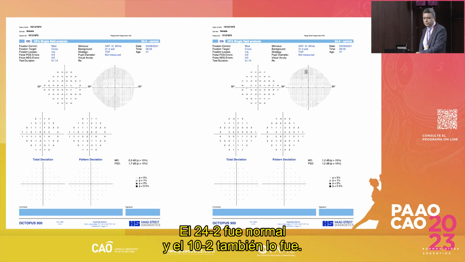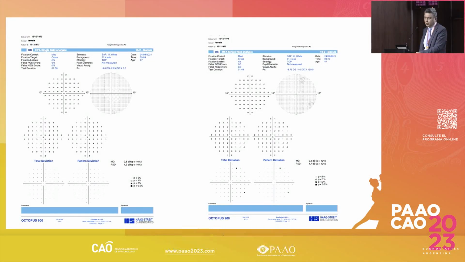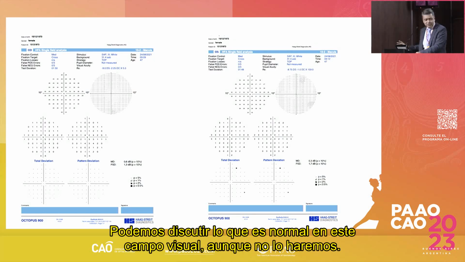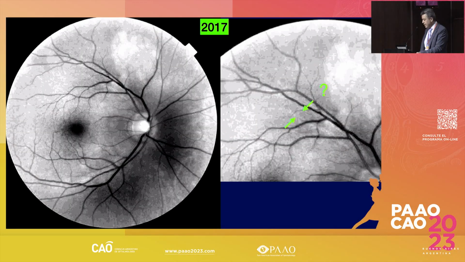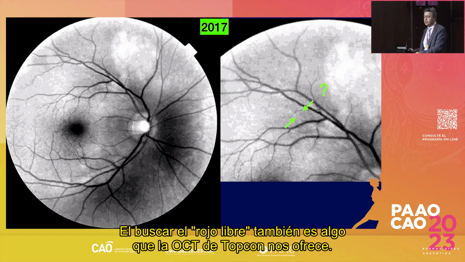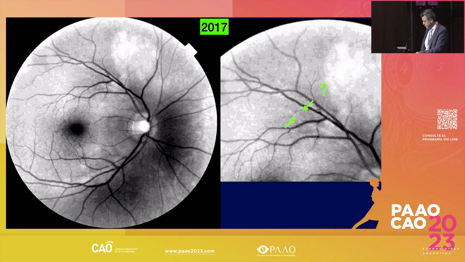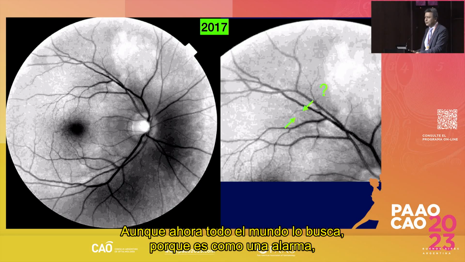The 24-2 was normal, and the 10-2 was also normal. We can discuss what's normal in this visual field, but we're not doing that now, but if the definition of normal is just 1 point, it's normal. And then looking at the red free, which is also something that the Topcon OCT gives us.